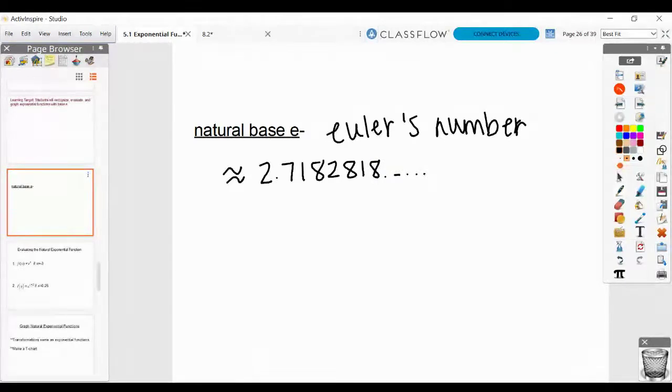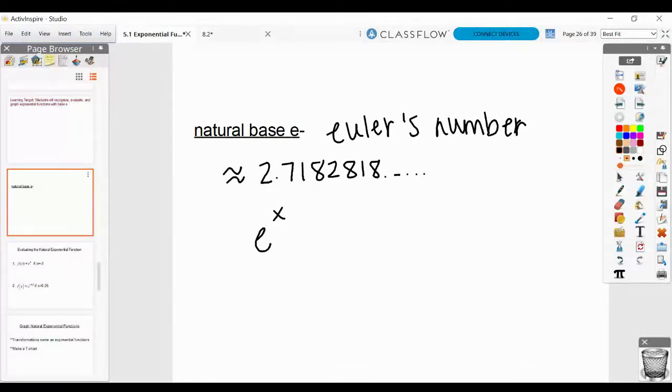There is actually a button on your calculator, and I believe it is blue, and it has an e with an exponent of x. So that is the button you are going to want to use whenever you have to figure out answers with the natural base e. So we're just going to do a couple things with this.